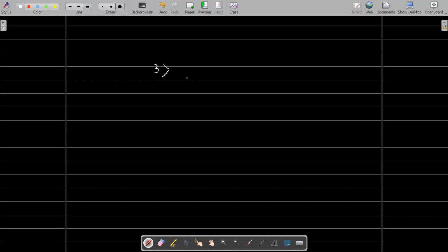Sir, a raised to m raised to n, whole raised to r, is equal to a raised to m into n into r, right? Correct. So 2 raised to half raised to 2 raised to half.